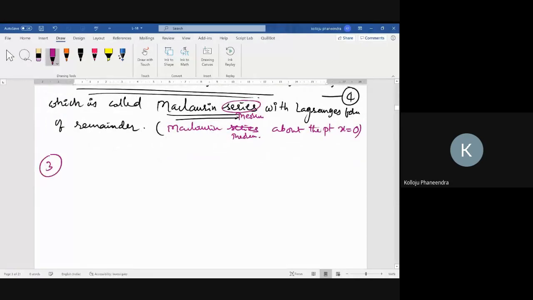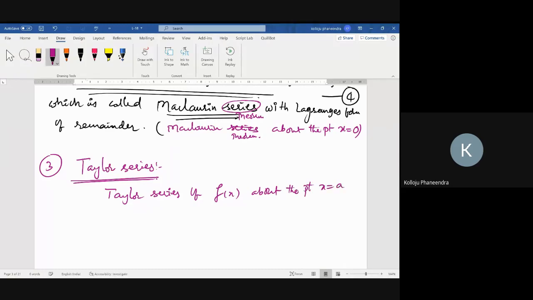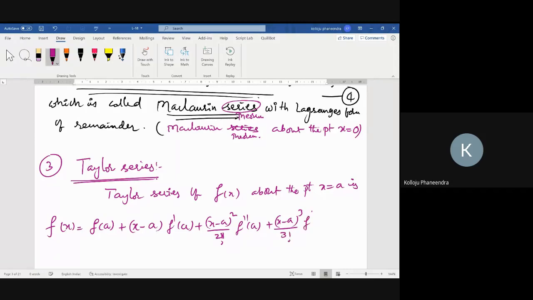Now, the third point is Taylor series. Previously, Taylor theorem; now, Taylor series of f of x about the point x equal to a is f of x equals, series means it contains an infinite number of terms, f of a plus x minus a f dash a, plus x minus a whole square by factorial 2 f double dash a, plus x minus a whole cube by factorial 3 f triple dash a, and so on.